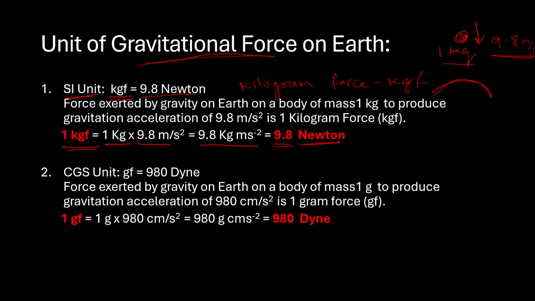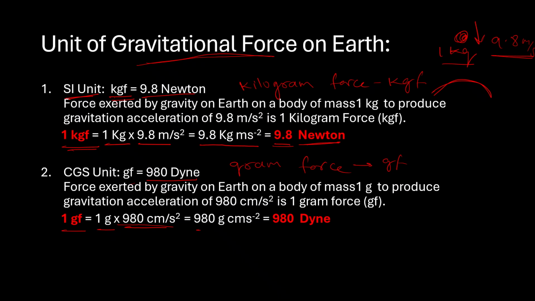In CGS, the unit is called gram force, which is gf, and 1 gf is equal to 980 dyne. So let's calculate how many dyne are in 1 gf. In 1 gf, this is 1 gram, the mass of the body in CGS unit, but the acceleration it gets is 980 centimeter per second square.